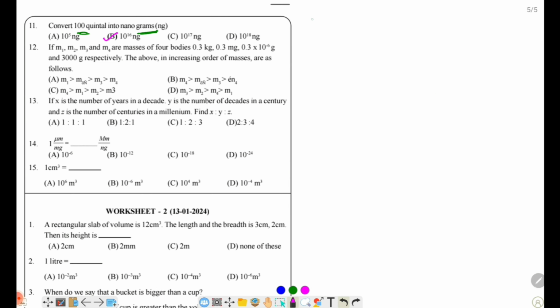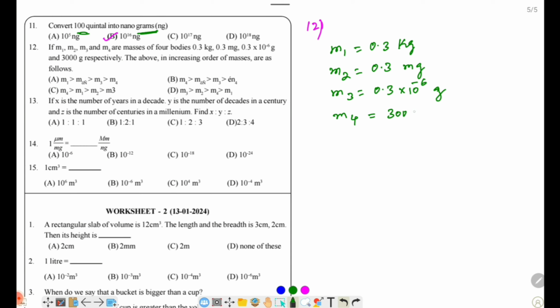Now let us see question number 12. If M1, M2, M3 and M4 are masses of 4 bodies. Here it is given that M1 is 0.3 kg, M2 is 0.3 milligrams, and M3 is 0.3 times 10 to the power minus 6 gram, and finally M4 is 3000 gram.